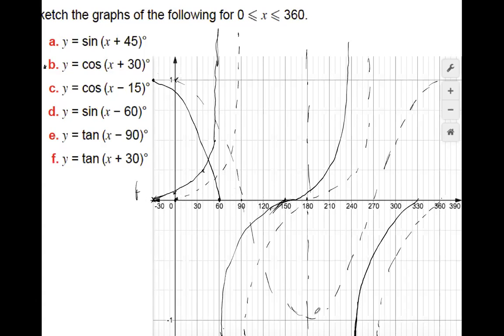This point would be moved here, this point would be moved here. So I would just go back down, back up again. And instead of finishing at 360, I would come here, 330. And then you would come back down again.